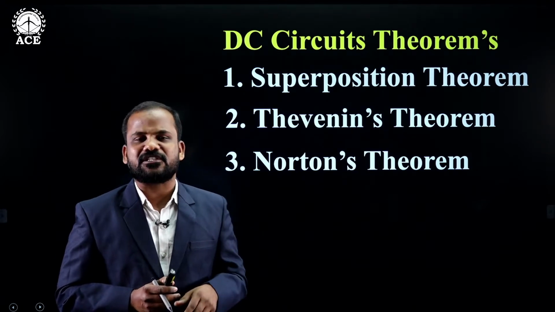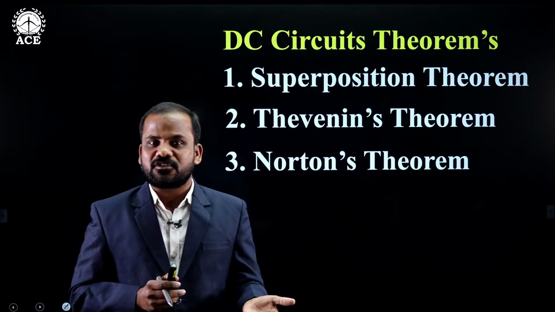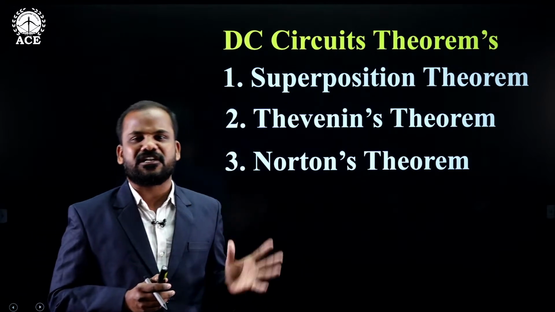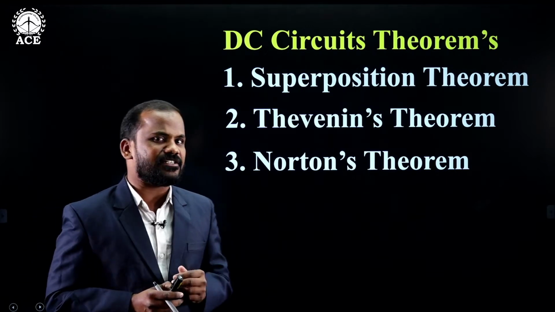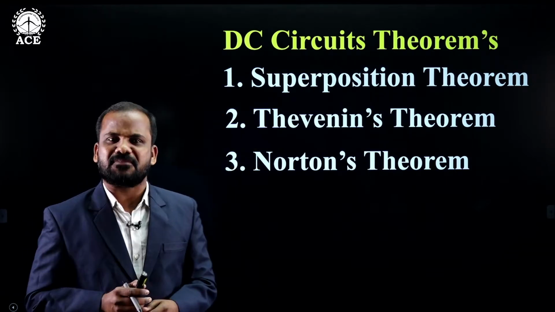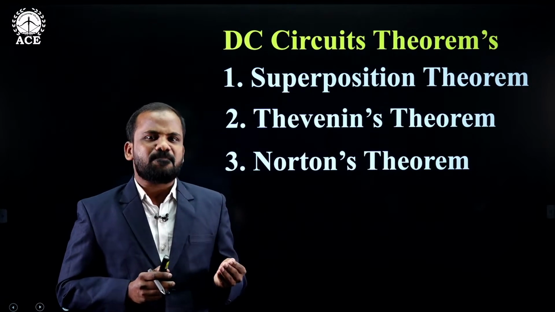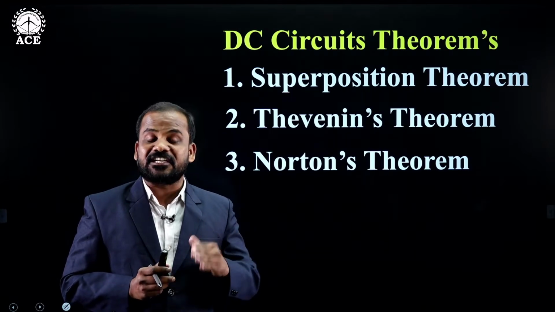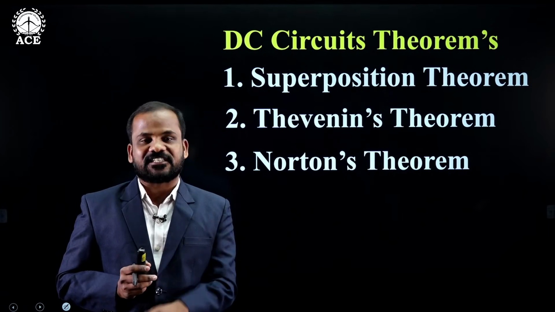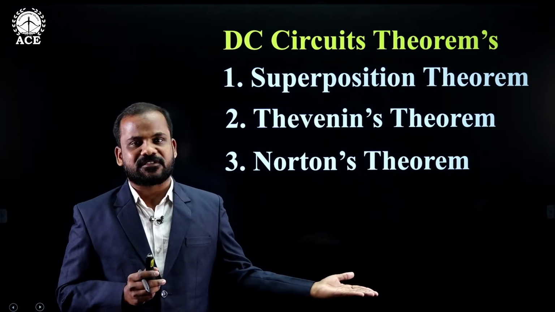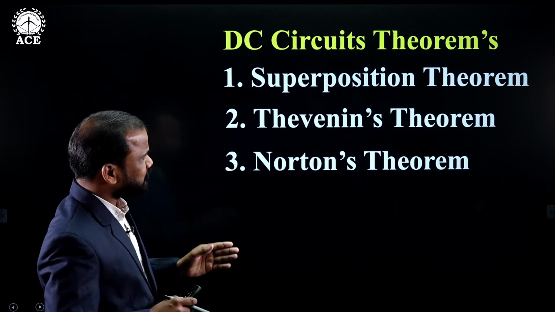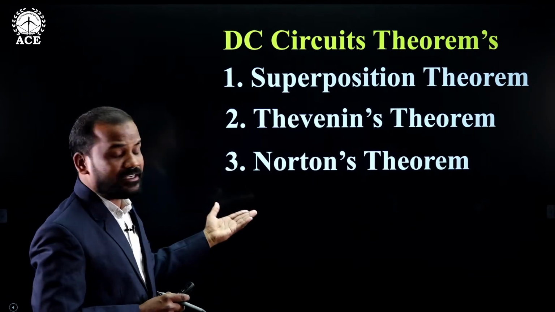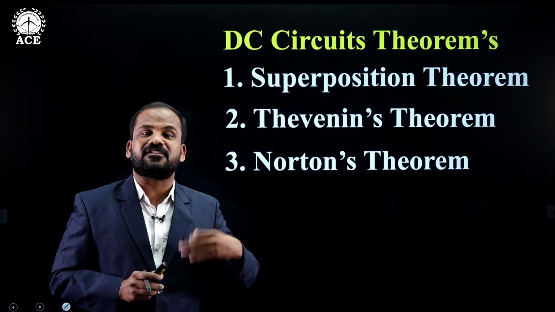That is why, in order to reduce the time, we introduce the theorems. The main purpose of a theorem is that it provides a procedure for getting results in much less time compared with the actual method. That is why theorems are used for getting solutions for the given network.